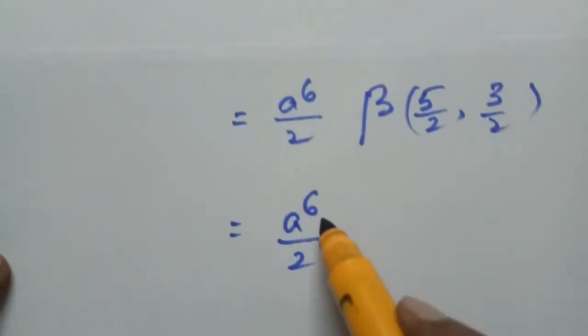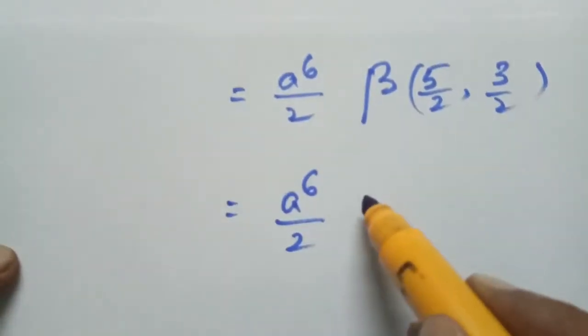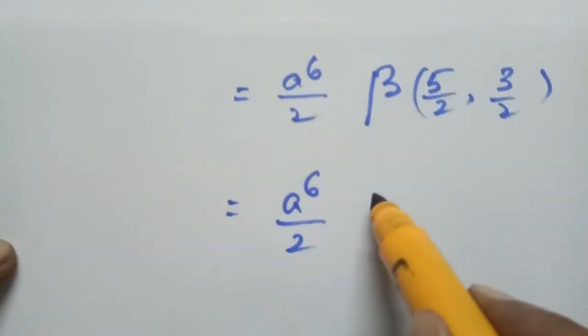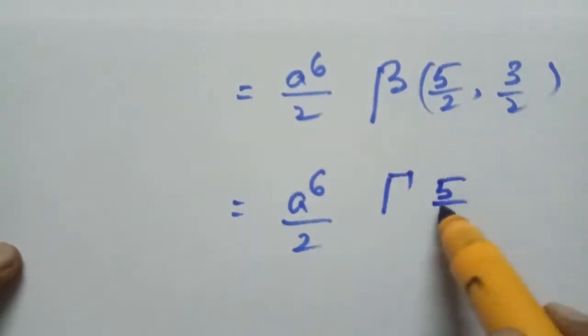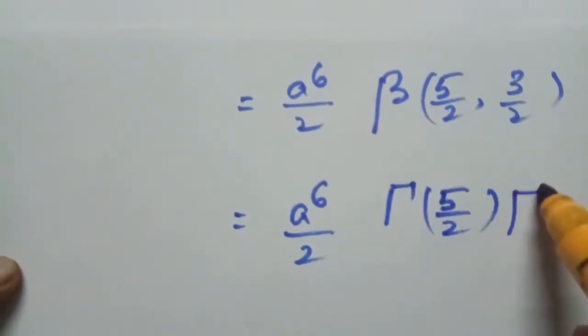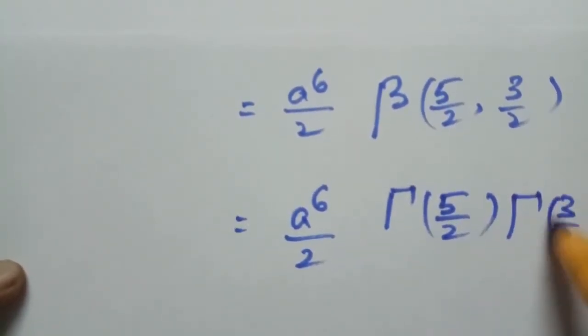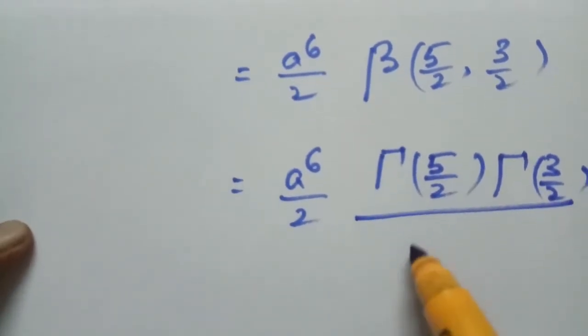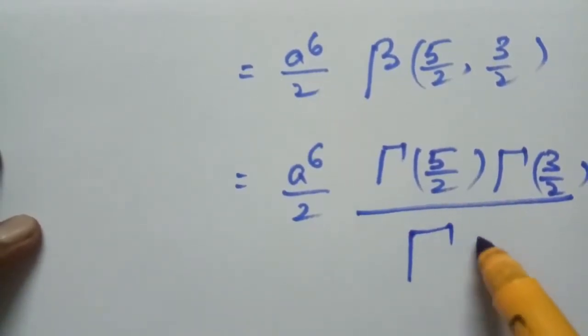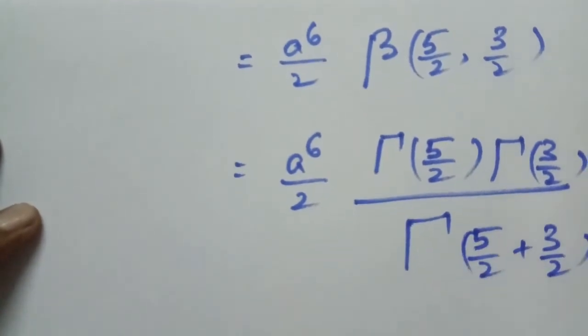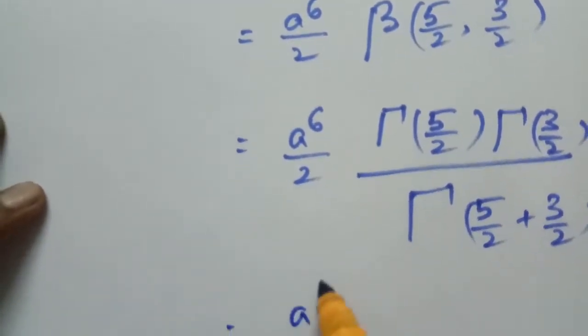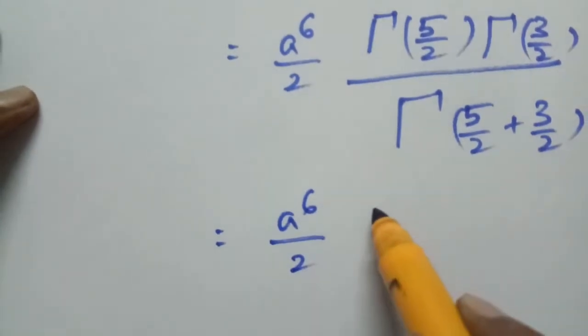So therefore a power 6 by 2, here the relation between beta and gamma: beta m comma n is gamma m into gamma n by gamma m plus n, that is gamma 5 by 2 into gamma 3 by 2 by gamma of 5 by 2 plus 3 by 2. Therefore, that is equal to a to the power of 6 by 2 into gamma 5 by 2.